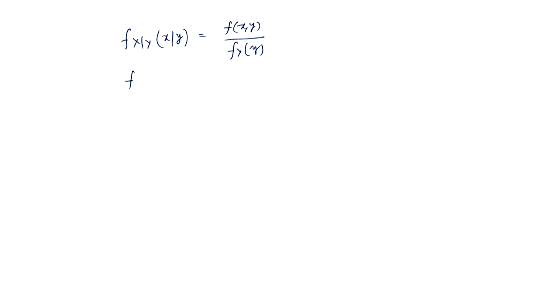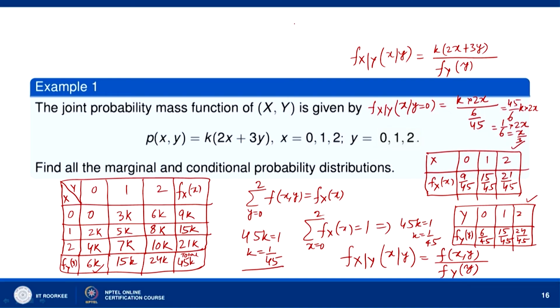We have found it for y equal to 0, and for y equal to 1 we have to find f(x given 1). So f(x given 1) is equal to k times 2x plus 3 divided by 15 by 45.